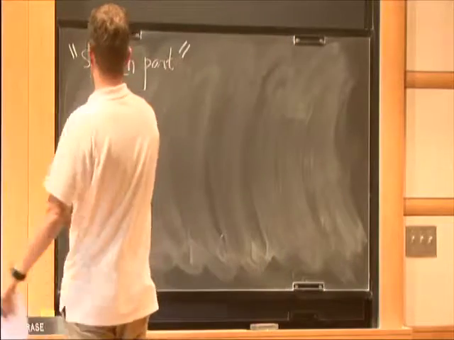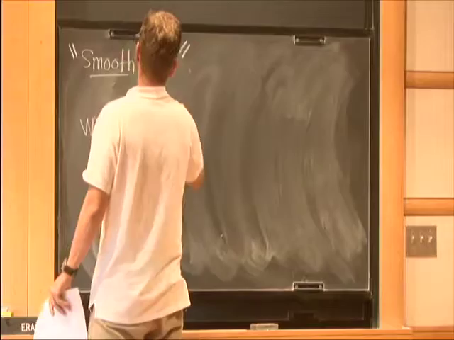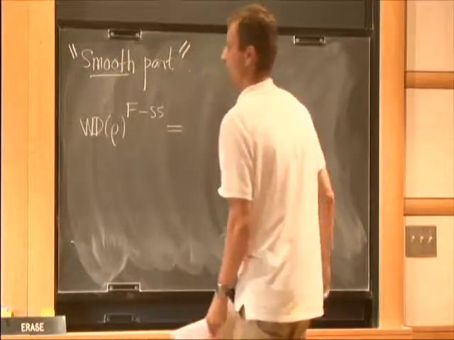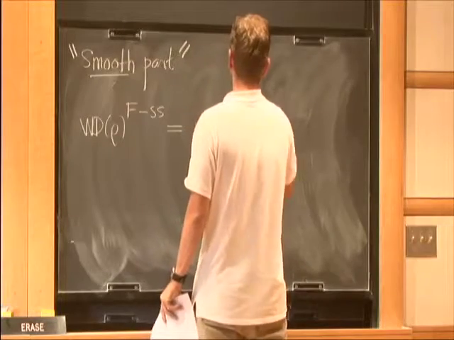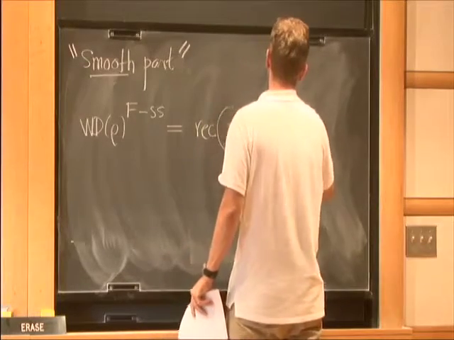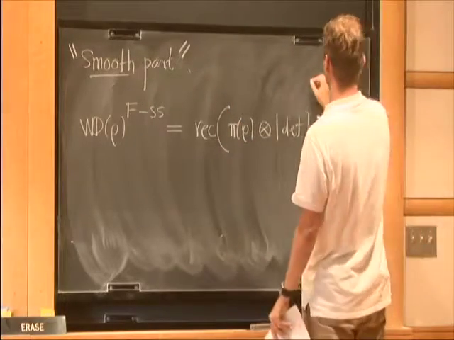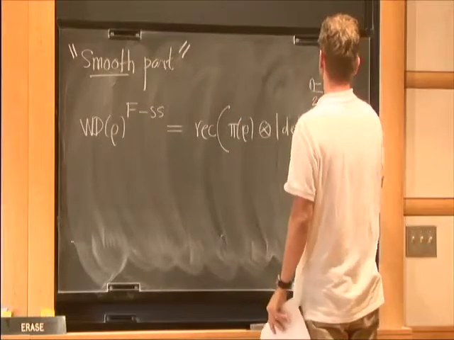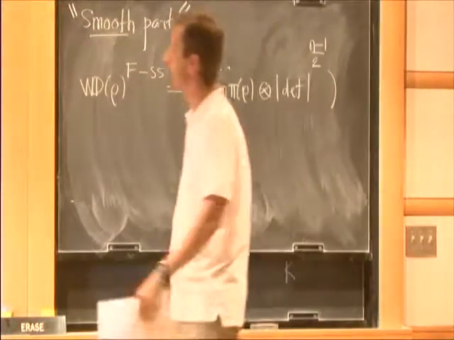You look at that Weil-Deligne representation, Frobenius semi-simplified. And then pi of rho is this guy. And with that normalization, you have to take the power (n-1)/2.